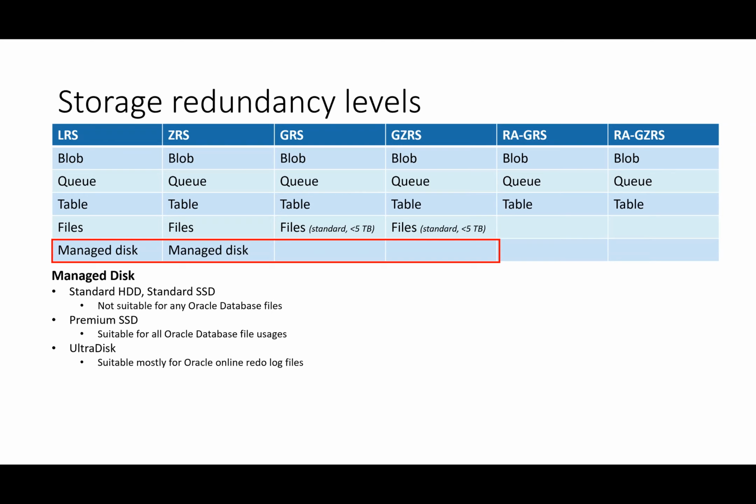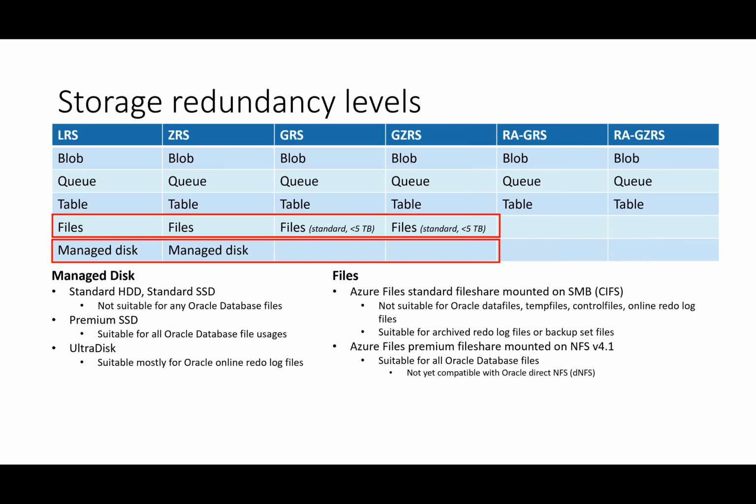It's relatively inexpensive managed disk, and quite well protected. LRS by itself is pretty awesome protection. ZRS is even better, and those are the types of storage that we like to use for Oracle.